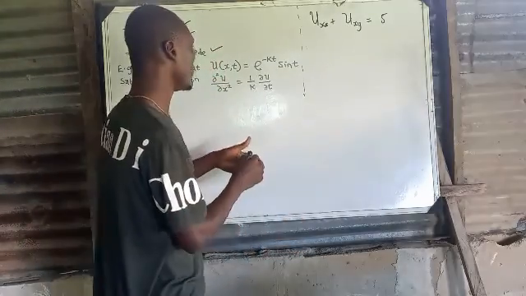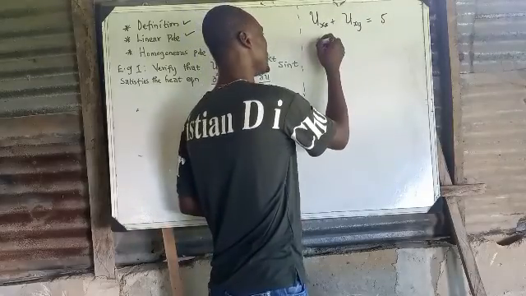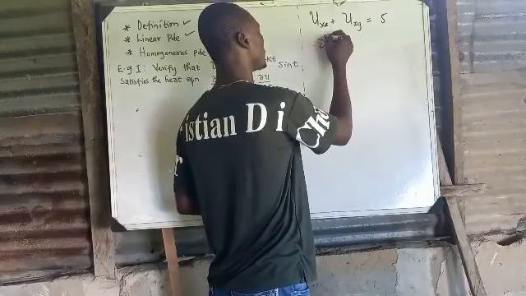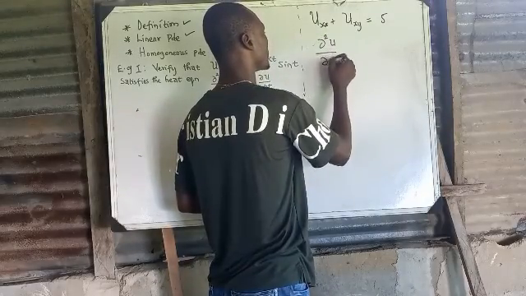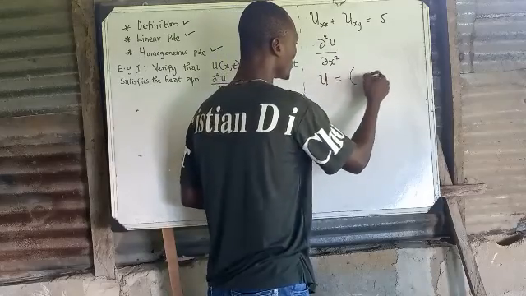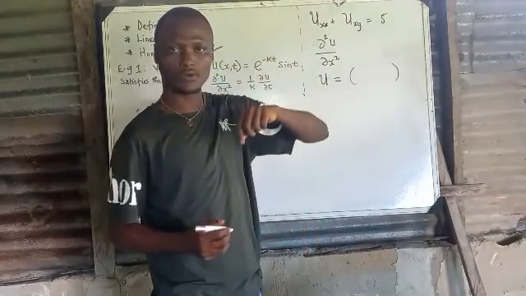So when you are solving a differential equation, what you get is the function u itself, not the derivative. Remember, this can be written as partial squared u over partial x squared. So when you solve this, you are getting u equal to something. Whatever I have is the solution to this differential equation.